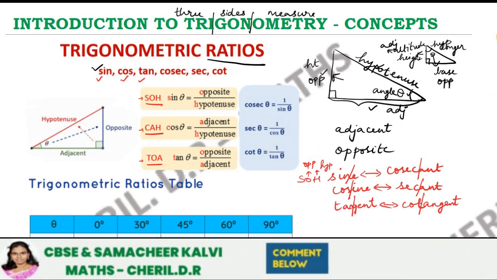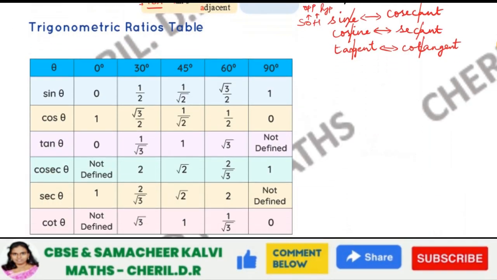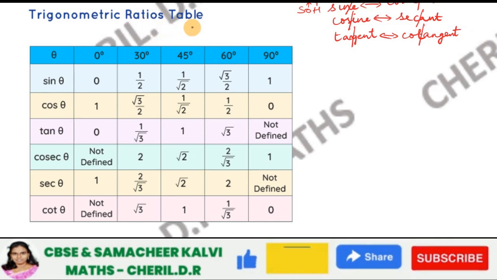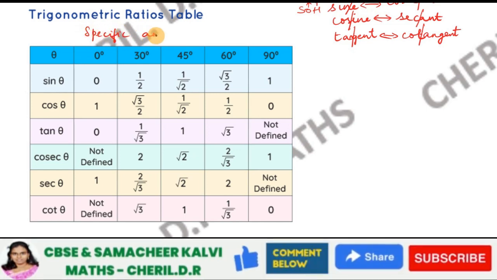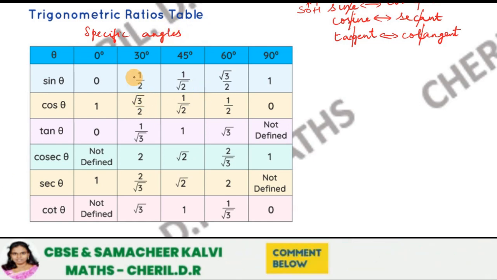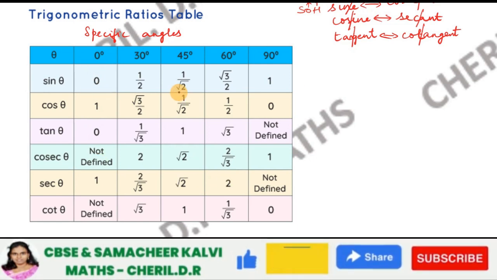Now we are going to learn the next thing called the trigonometric ratios table. It is a table of trigonometric ratios for some specific angles. You should be able to write this table very easily without forgetting.